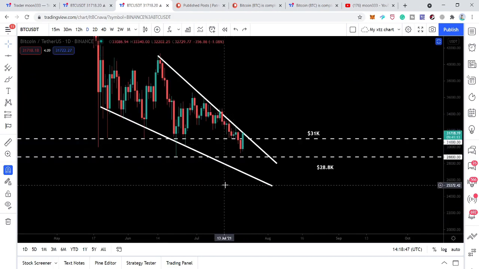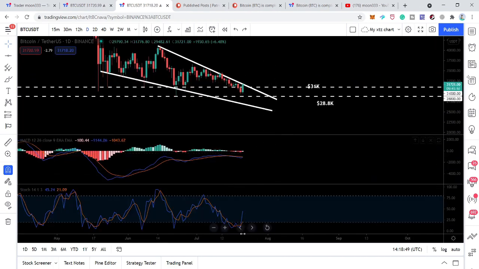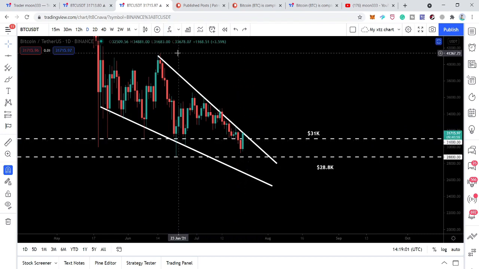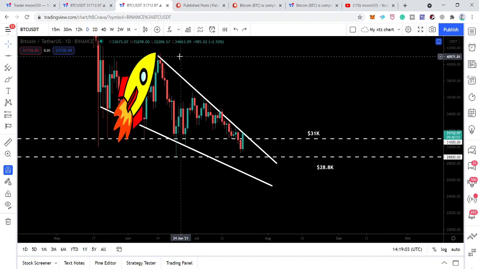Therefore, if we will receive the buying signals by the MACD and the stochastic again, then there is a possibility that the price action will break out the resistance of this falling wedge. However, if we will have a strong volume, then our next target can be $41,000.